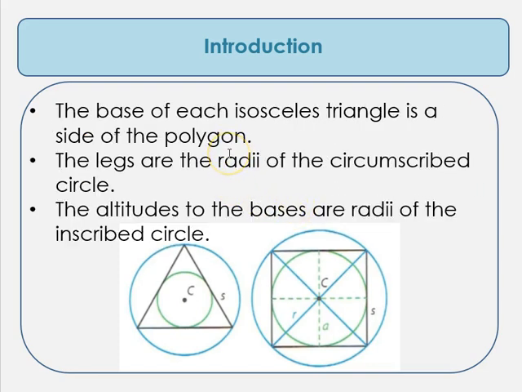The base of each isosceles triangle is a side of the polygon. So the base of each isosceles triangle, let's pick the triangle at the bottom of the square. It has two legs, and it's isosceles, so let me get my pen out here.